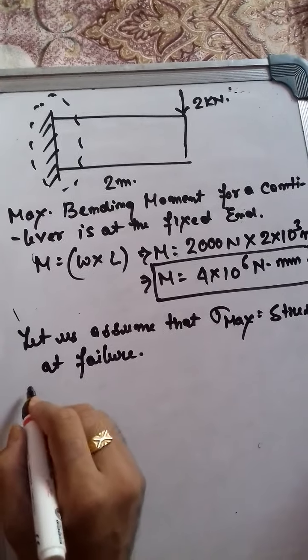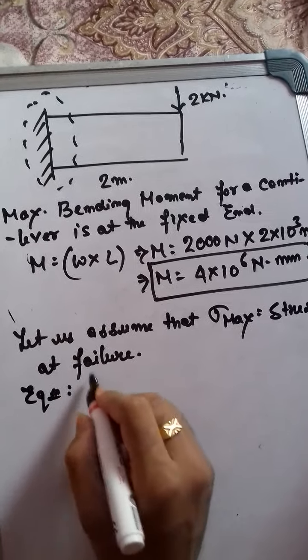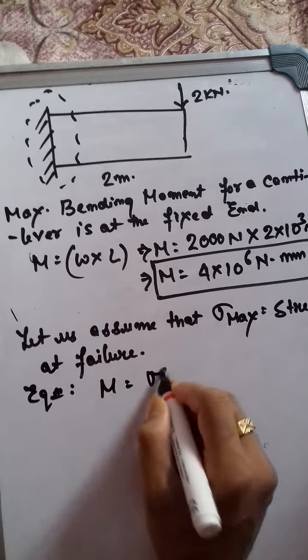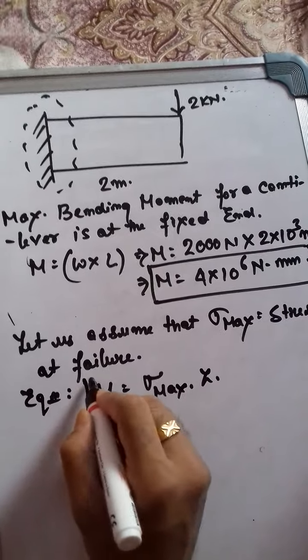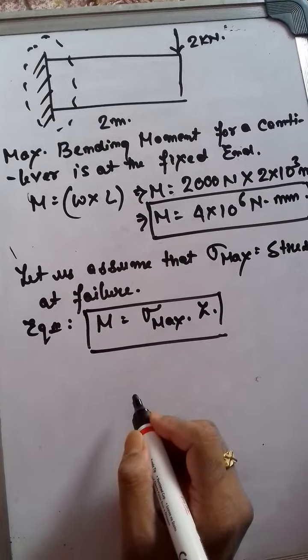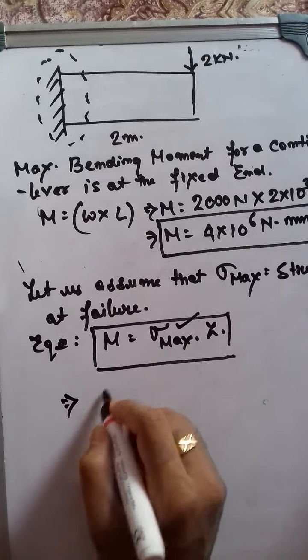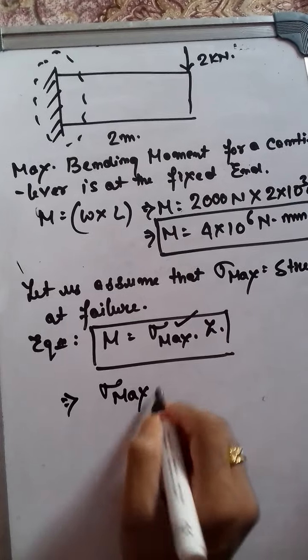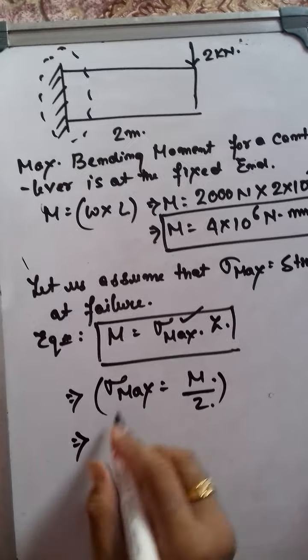So we have an equation, that is my bending moment is equal to sigma max multiplied by the section modulus. This we have already derived in the last few classes. Okay, so we want to find the value of sigma maximum. Sigma maximum will be equal to bending moment divided by the section modulus.